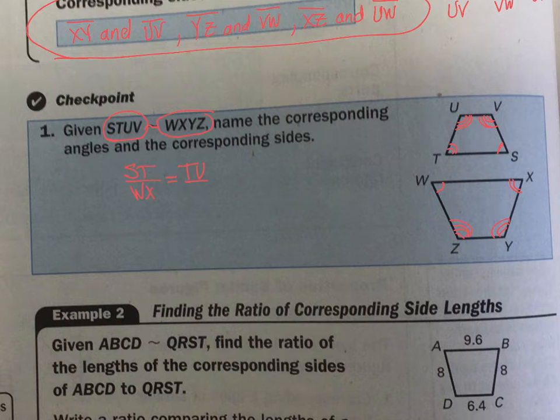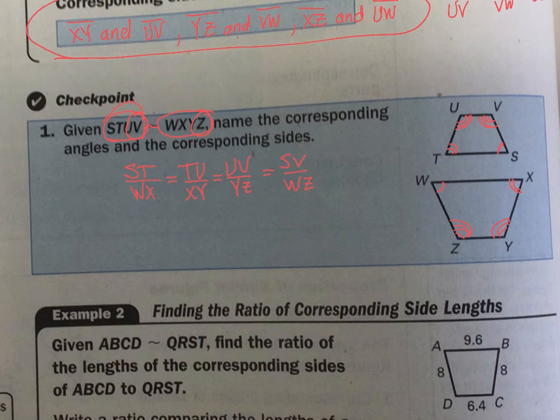XY, which is going to equal UV over, class? YZ. Do you see the order that they're in? UV, YZ, which is going to equal, then I got to get the last one, SV over, class?